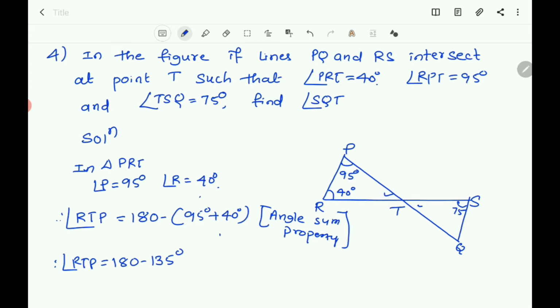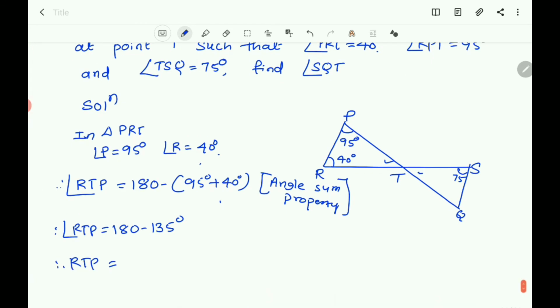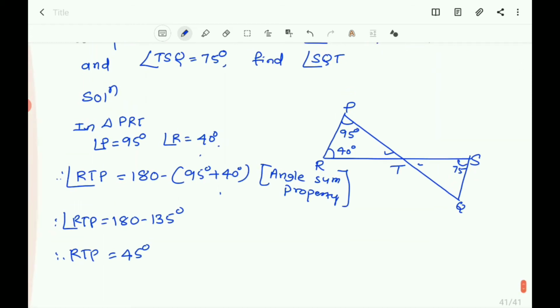Therefore angle RTP is equal to 180 minus 135, which is 45 degrees. You got the measurement of the angle RTP of the triangle PRT.